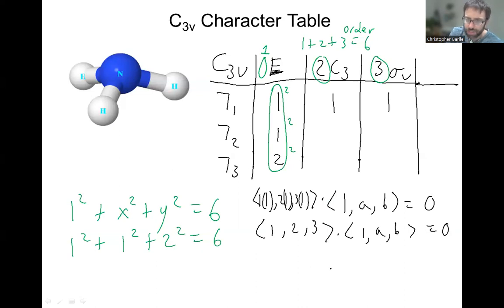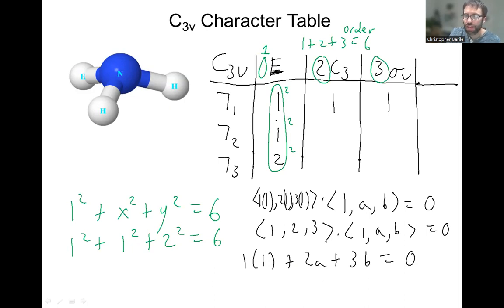And if you stare at this for a bit, remember what the dot product is: you multiply them all and add them together. So the first component times the first component, 1 times 1, plus 2 times A, plus 3 times B, the second component times the second component, the third component times the third component, must equal 0. And the simplest way, using ones, is what you have to do.